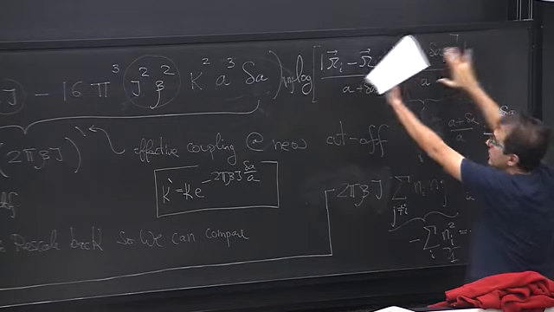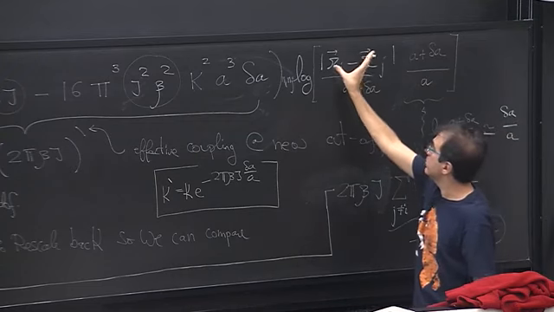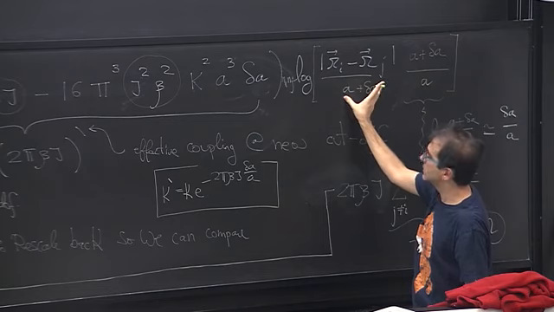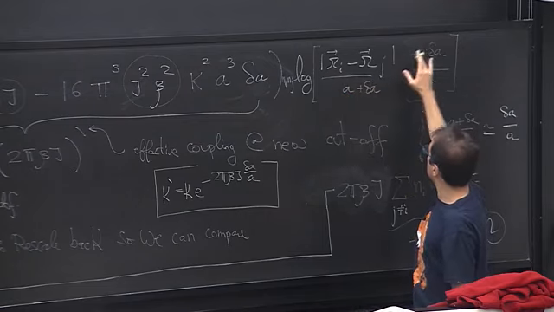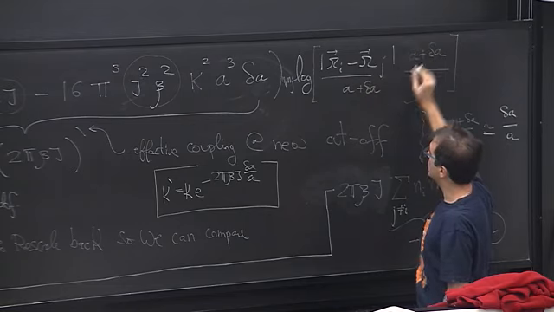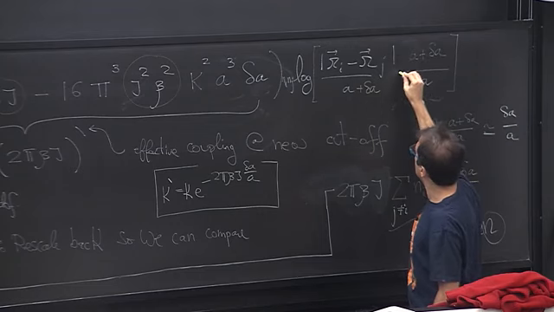Right? I separate this into two terms. The first term, after I rescale r, is just the same as setting this cutoff to a again. So we multiplied and divided to separate, because now I get this term.